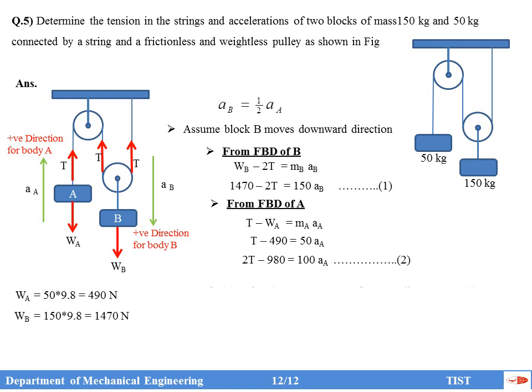So now equations 1 and 2, if you add equations 1 and 2, T gets cancelled, right? So what we are getting is 1470 minus 980, which is 490. 490 equal to 150 AB plus 100 AA.